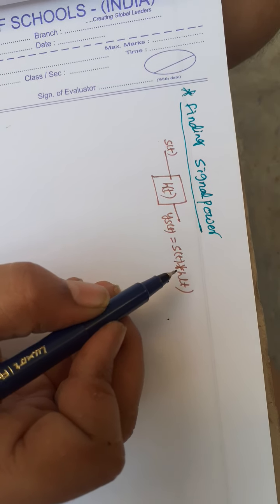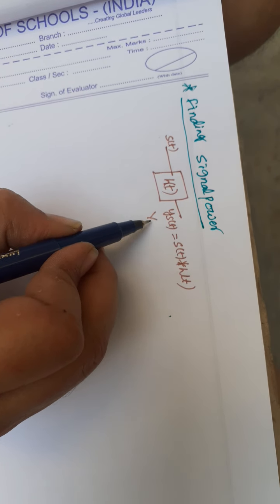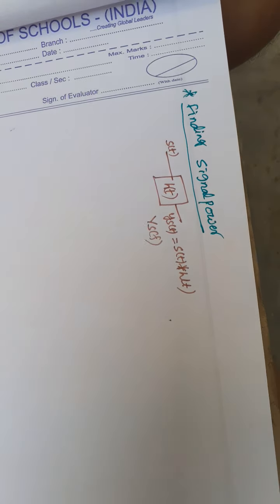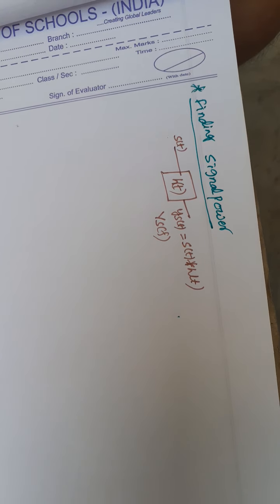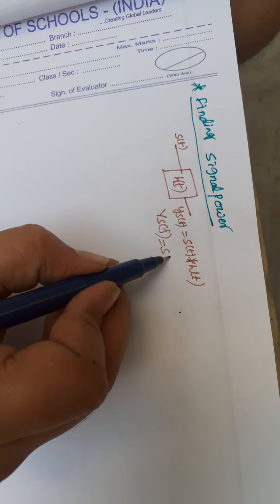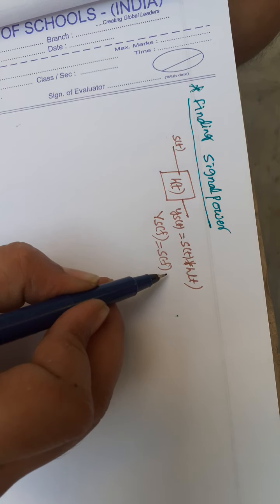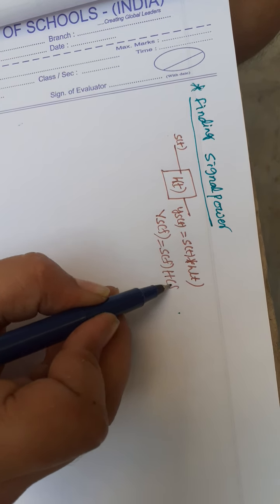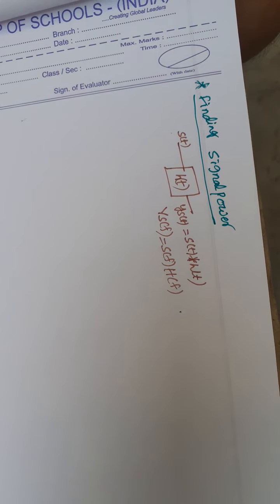Okay. So this can also be written as Y_S of f, Y_S of f is equal to S of f into H of f. Is it right?